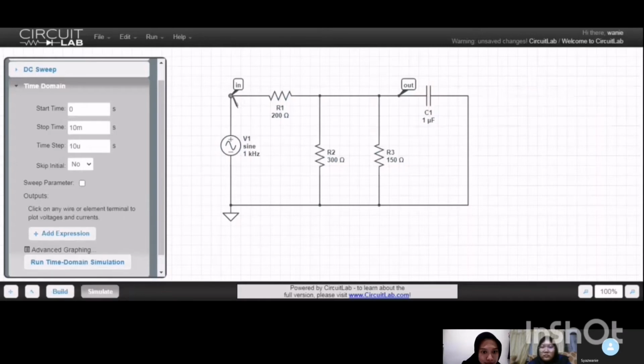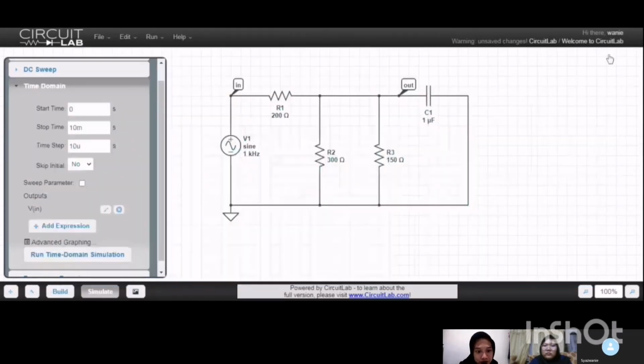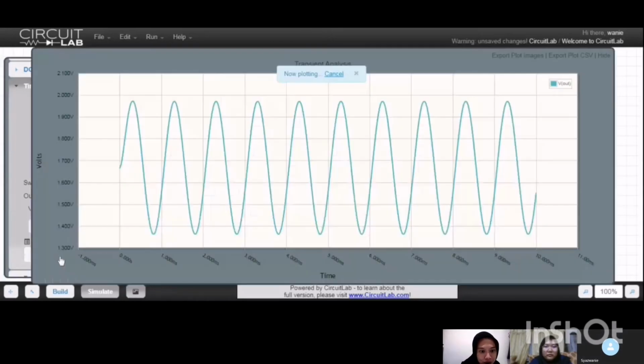Input, now run, and we will get this graph for the input waveform. Next, let's look at the output waveform. Press output and we will get this graph for the output waveform. So this is the graph for input and output for 1 microfarad.